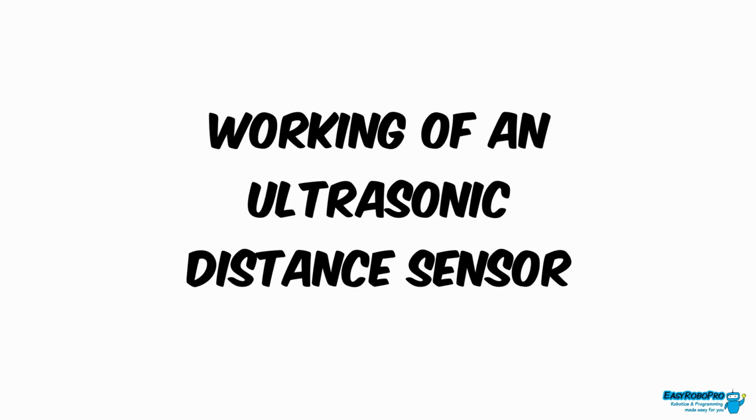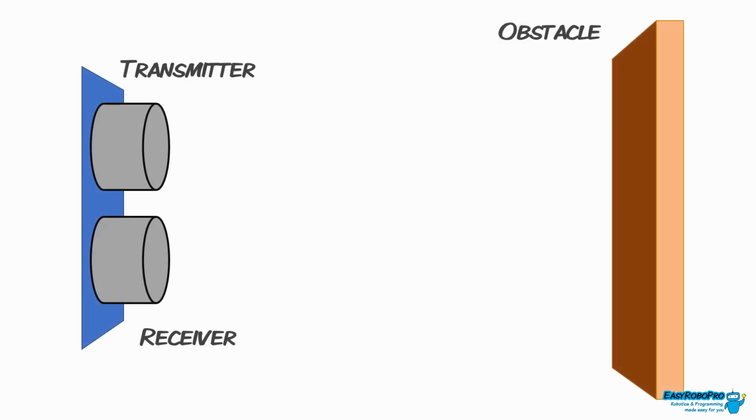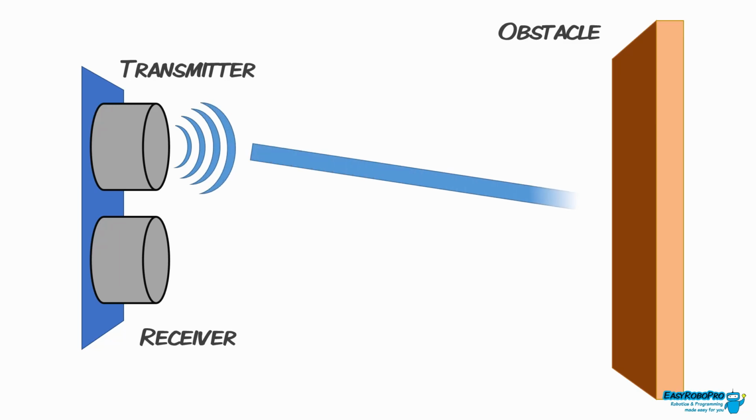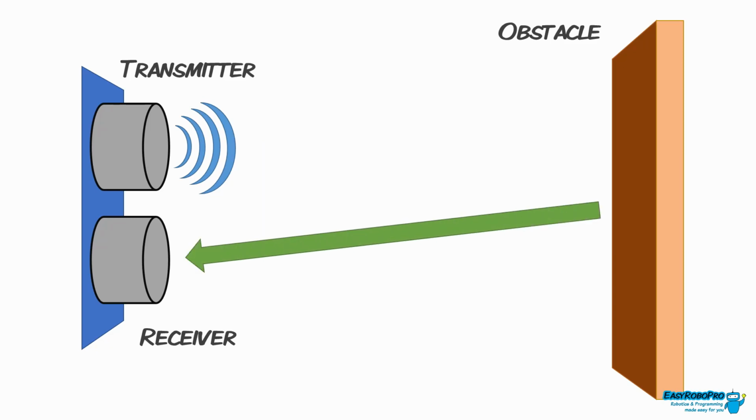Another very popular sensor is the ultrasonic distance sensor. The working principle for these type of sensors is quite similar to the one we discussed before. An ultrasonic sensor consists of a transmitter and a receiver which work together to provide information about the distance. The way they work is: first, the transmitter will produce a pulse of sound which travels outwards. This pulse will hit any object in its path and bounce off it to return back to the sensor.